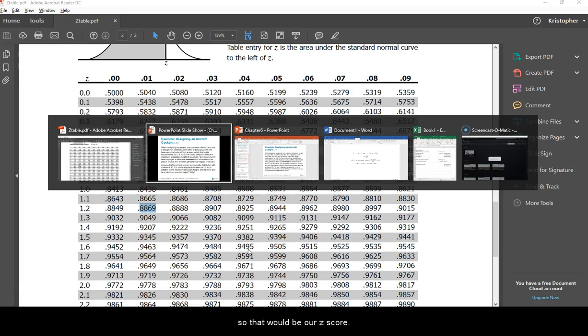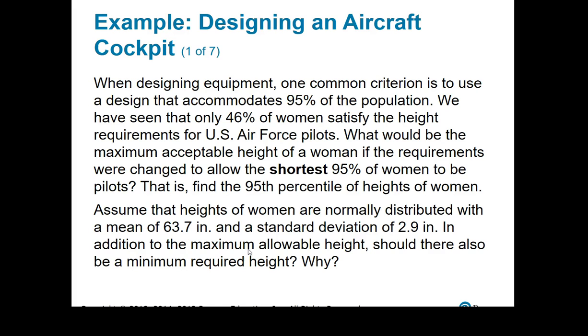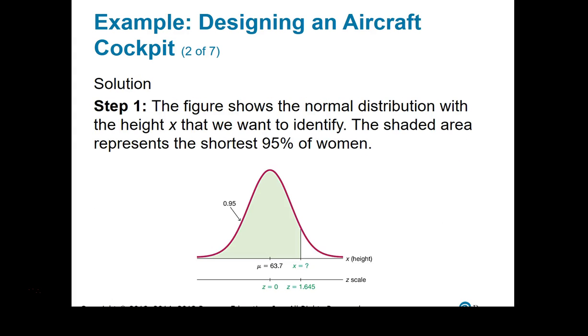Now going back, multiply that by our sigma, which is 2.9, and that will give us our height. Now we want women to be 68.5 inches or less. It's 1.645. Oh, they go in the middle. Aren't they special?